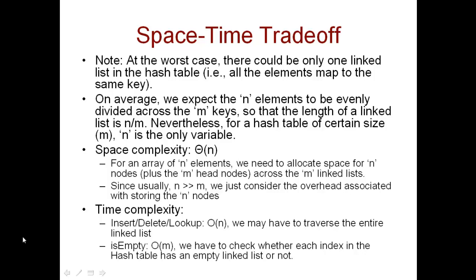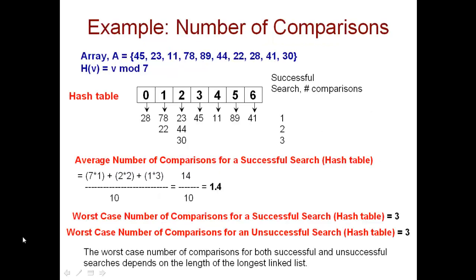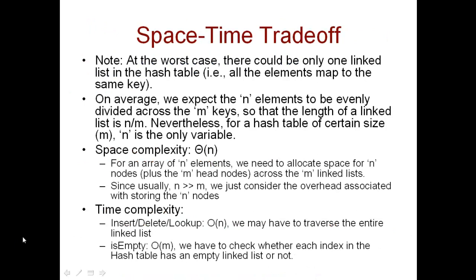So that's the time complexity, but we don't really go through that many comparisons all the time. That's the worst case. So the best case is almost theta of 1 time complexity. So that's why for all analysis purposes, we can say the search time complexity for a hash table is theta of 1.